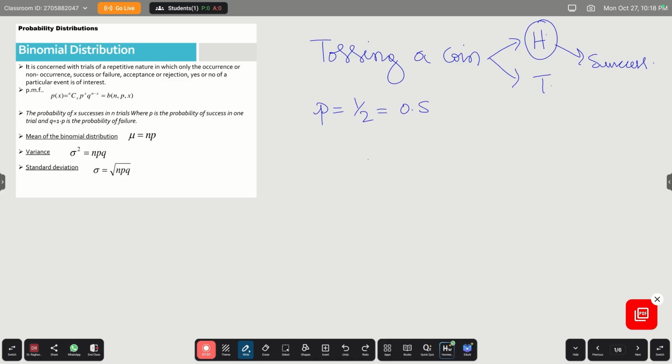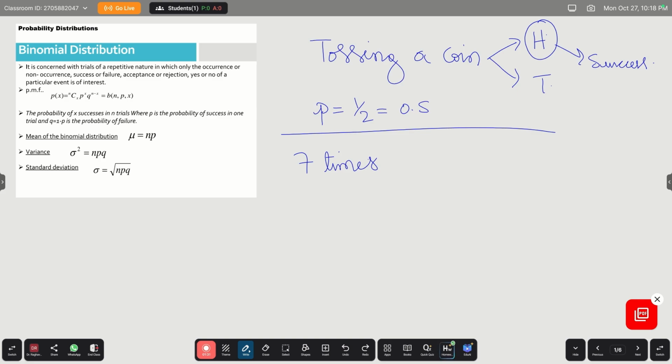Suppose I am interested in something more, like I will not restrict myself to tossing only one time. Suppose I do this experiment repeatedly. Say for example, I want to do the same experiment 7 times, and I have defined that getting head is my success.